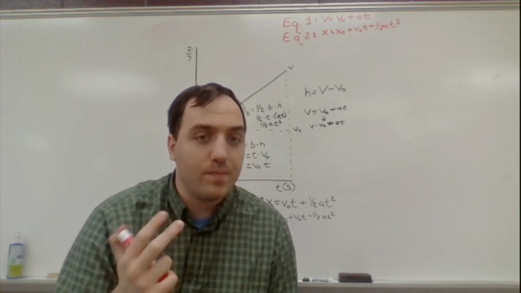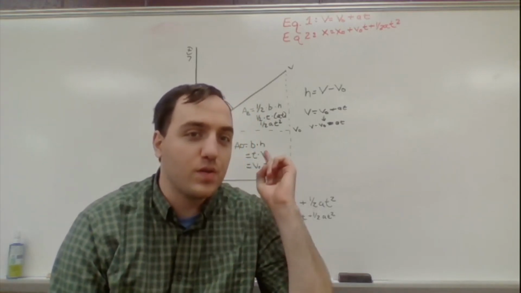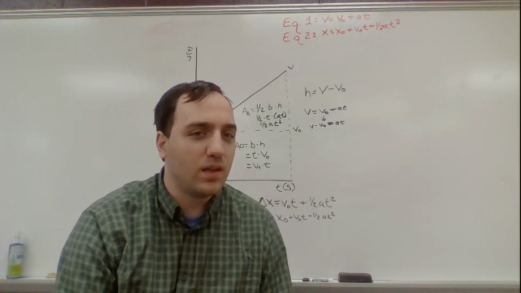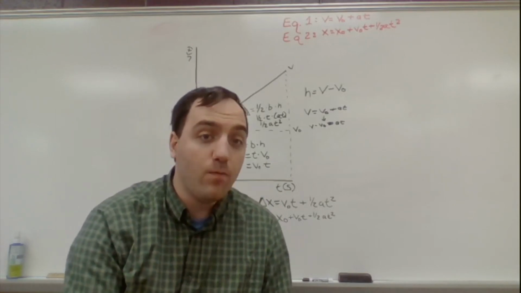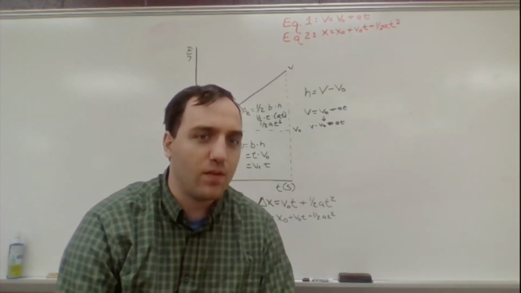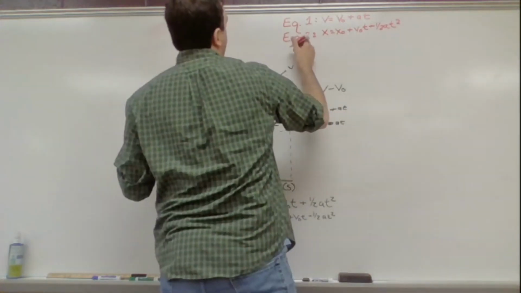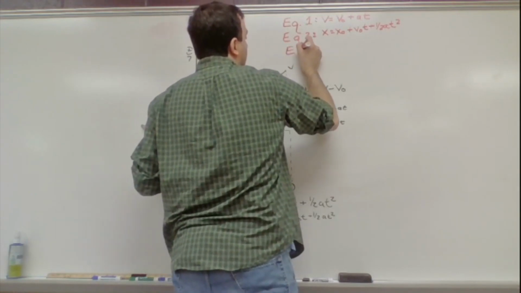Problem is the third one. The third one is a combination of the two of these run through algebra. I don't feel like going through the algebra is particularly helpful, but if you want to, there will be an extra video posted going through the algebra. The important thing of that is that the third equation is this.